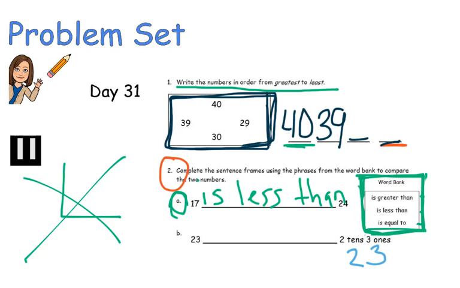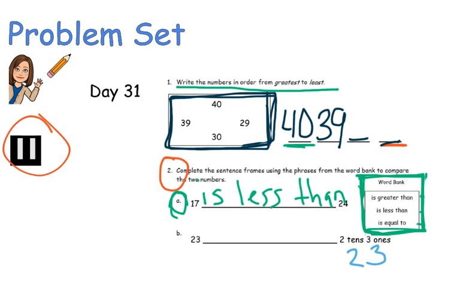Greater than, less than, or equal to? Use your word bank. All the words are right there. Again, you may not just write the letter. Pause your video and fill in that sentence.